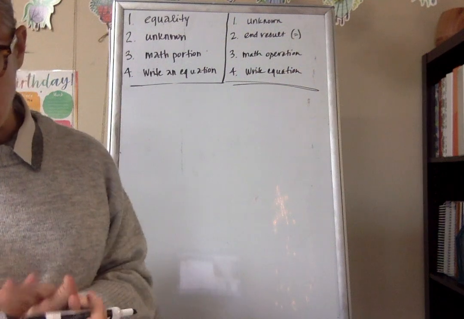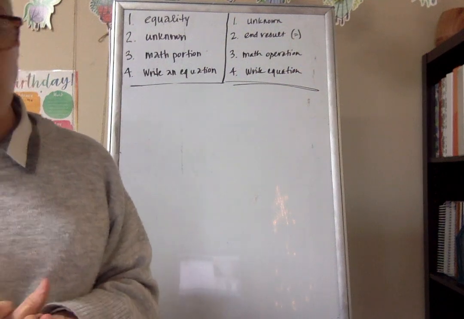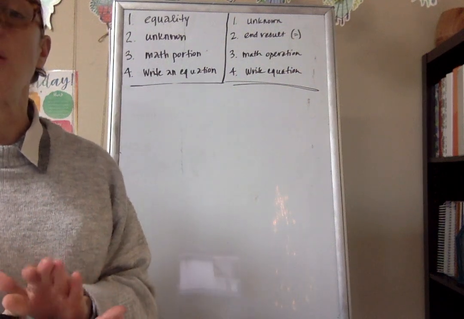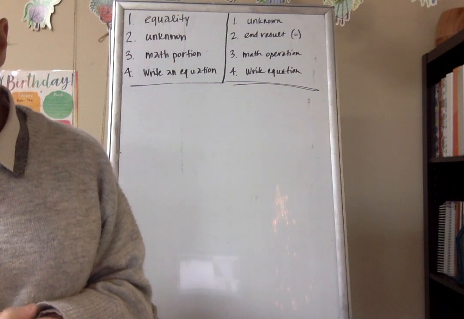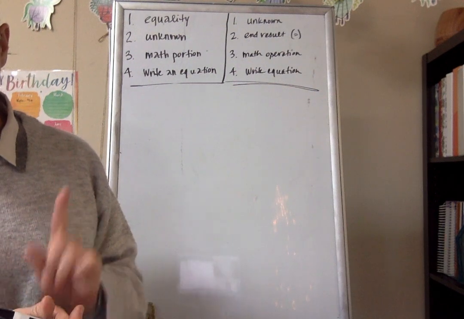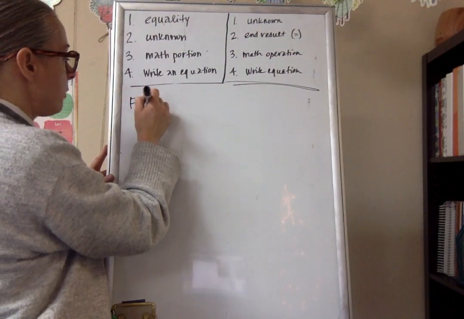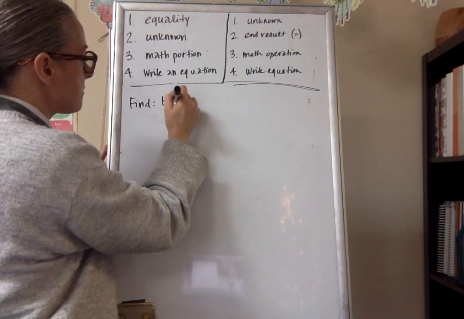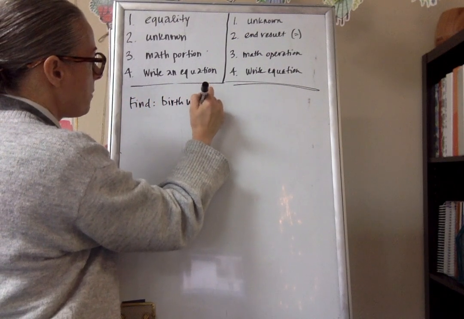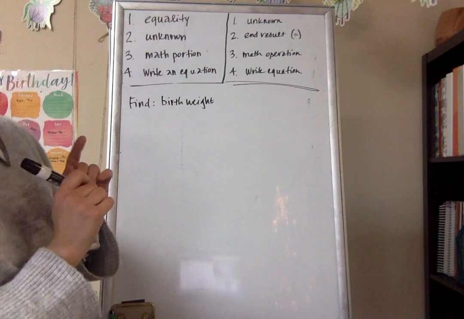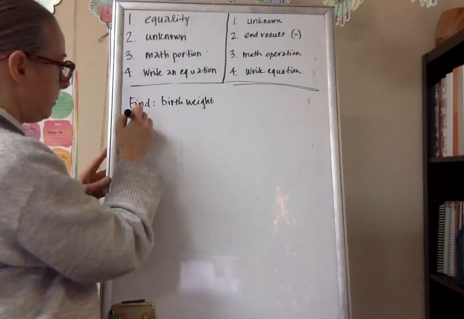It tells us to write an algebraic equation to model the situation. Do not solve. So part A tells us to find the birth weight, right? I'm not going to write every word up here just for the sake of time. Find the birth weight of a 5-week-old kitten.